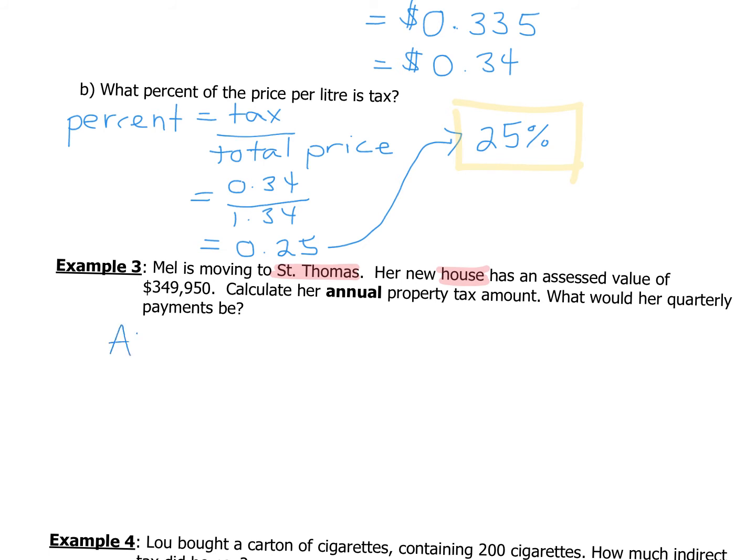First we'll calculate annual. We're going to take the value of her house and multiply that by our percent. Again, we need to change that percent to a decimal, and when we do, we will get this.